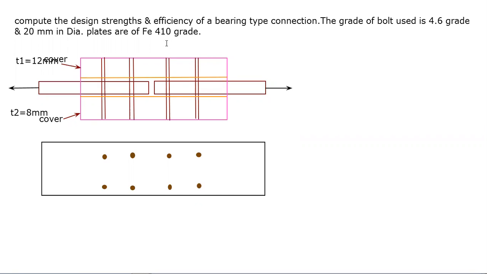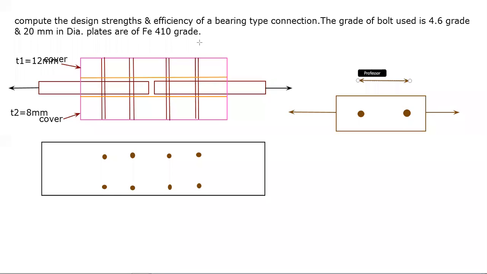Now whenever such type of plate is there and this type of force is there, and such bolts are there, then the distance between these two bolts is your pitch.